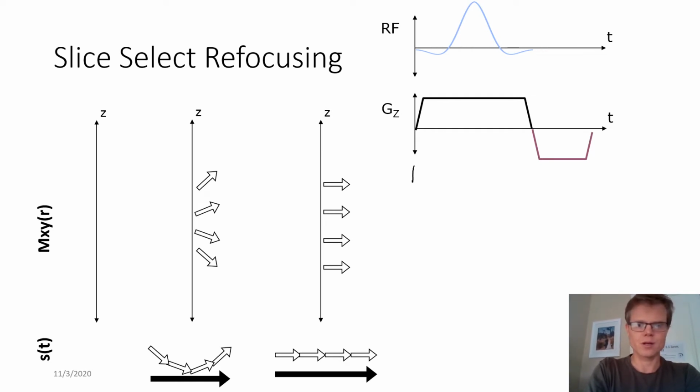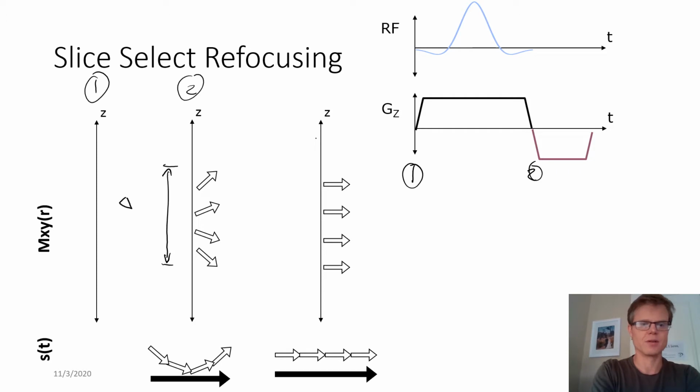If we look at our slice selective RF pulse at time 1 here, we have no transverse magnetization, and what I'm showing in the middle here is the transverse magnetization in the slice direction in Z. So we start off with no transverse magnetization, no flip angle. At the end of the pulse, we now create some transverse magnetization. I've specifically drawn this to only exist over some limited distance, over our slice thickness.